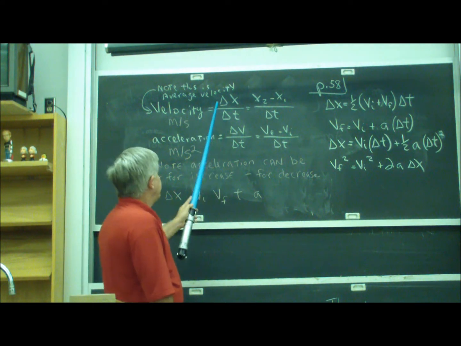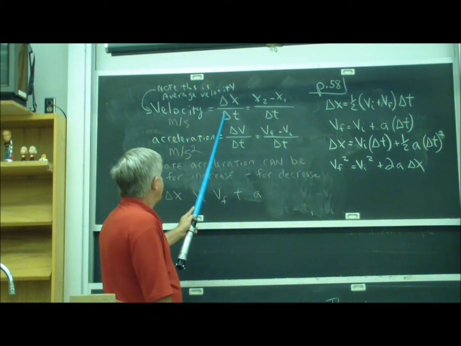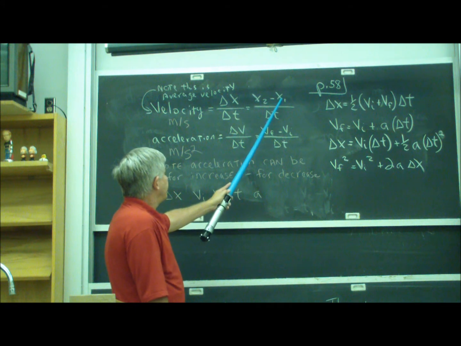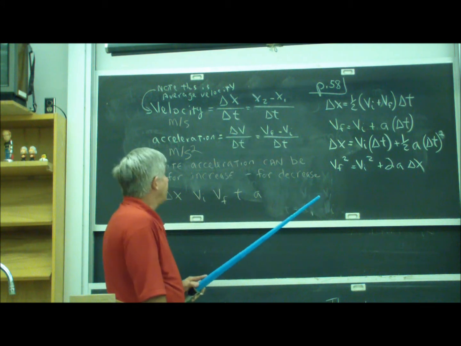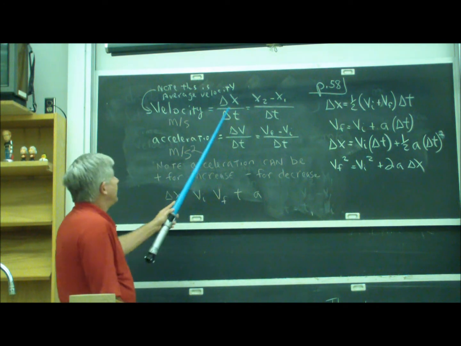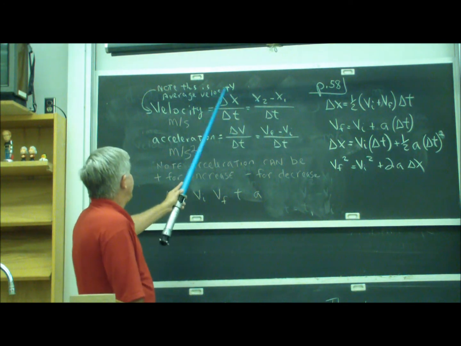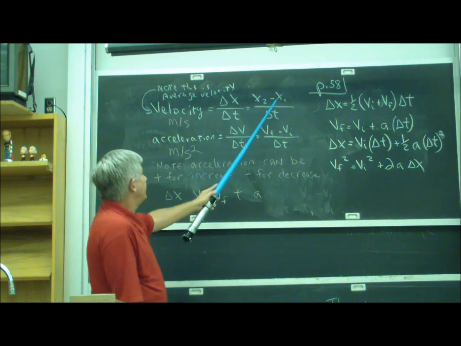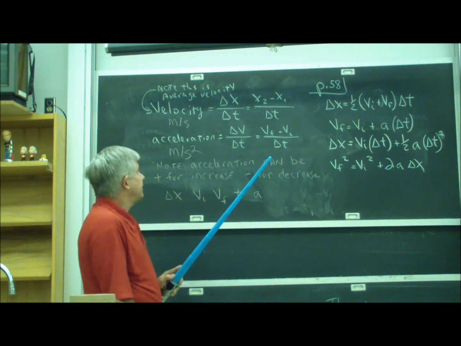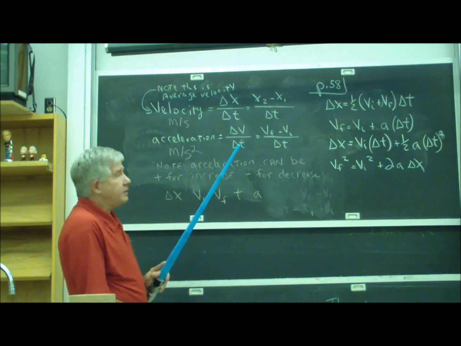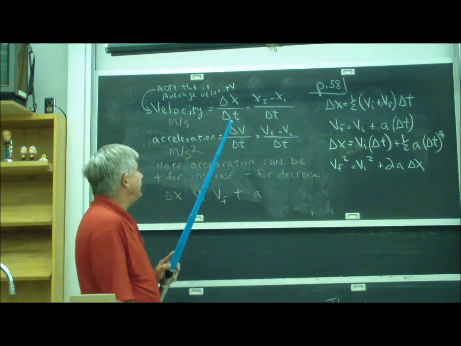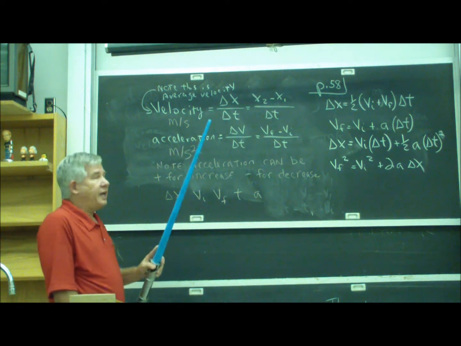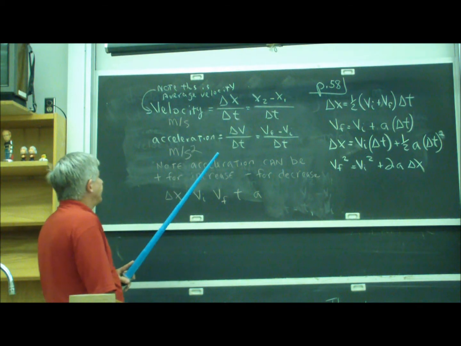And what you need is a change in displacement over a change in time, or an initial displacement and a final displacement. Now realize that this will give you an average velocity between these two distances. We'll talk a little bit more about average velocities in class, and we'll also talk about something called instantaneous velocity in class and as it comes up in problems.